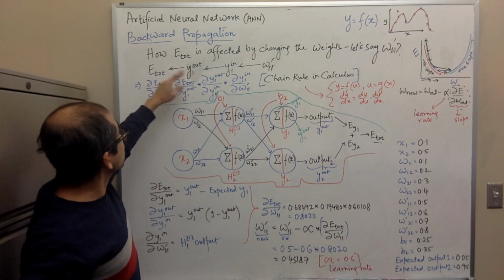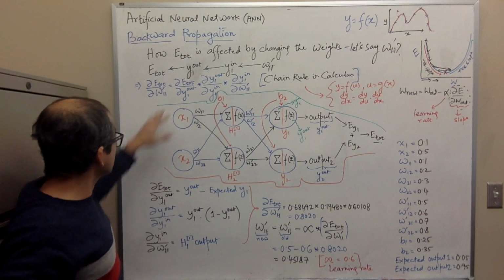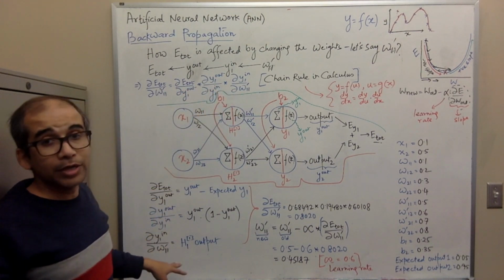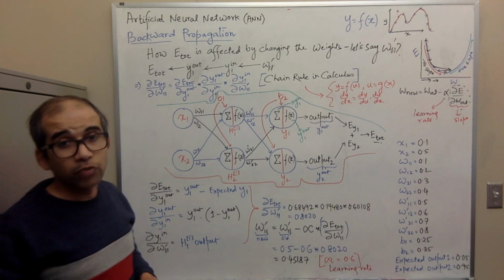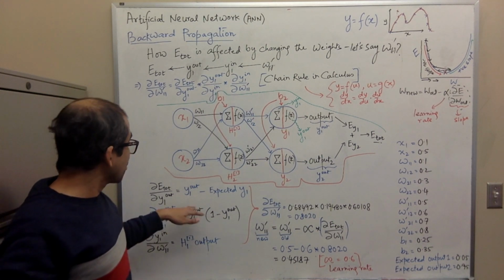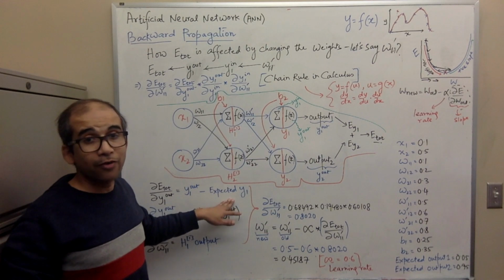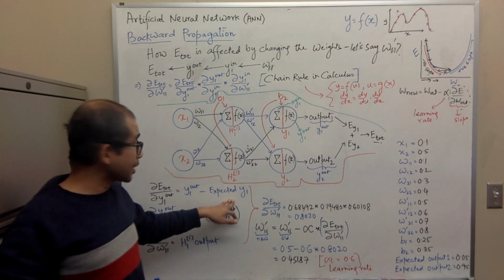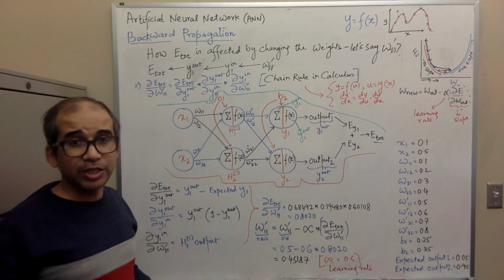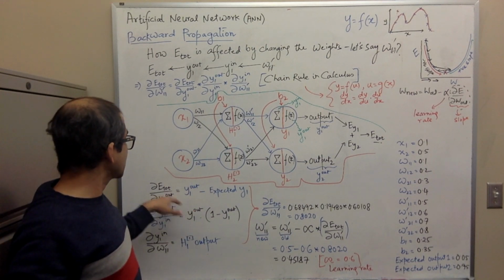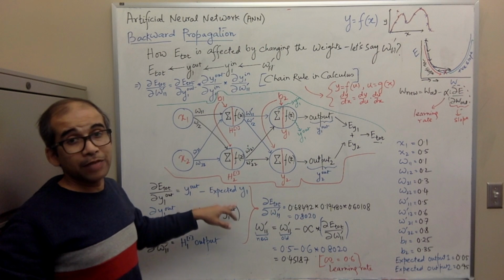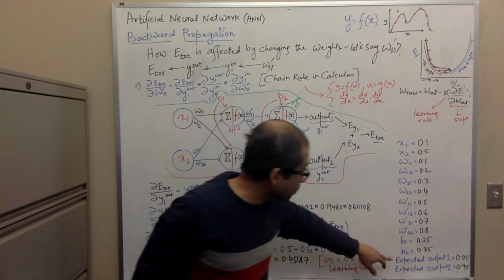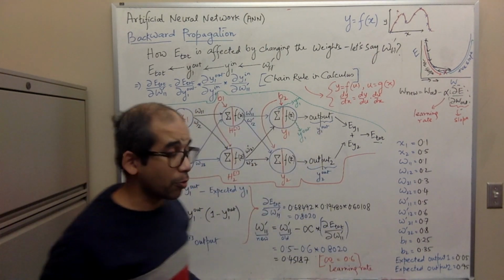Now we calculate the three of them separately. I'll be sharing a web page where they have done the calculation, but this is the very simplified form. If you know basic calculus, you'll find that the first one is Y1 out minus the expected value of Y1. The expected output of Y1 is 0.05.